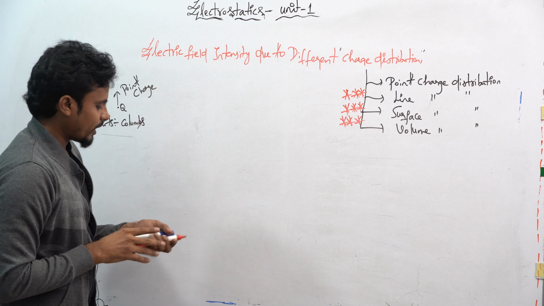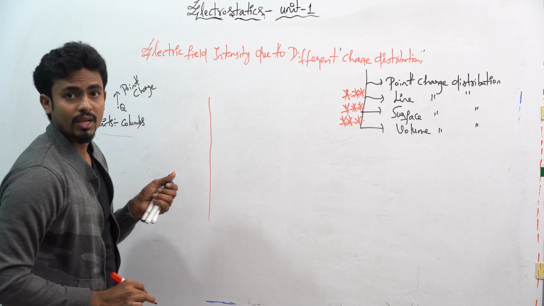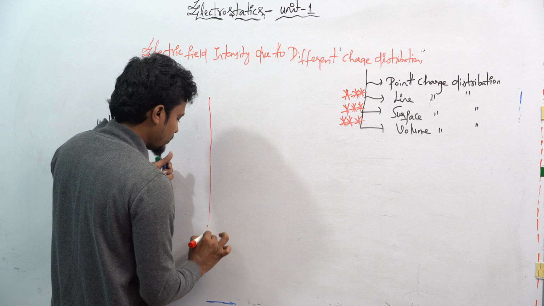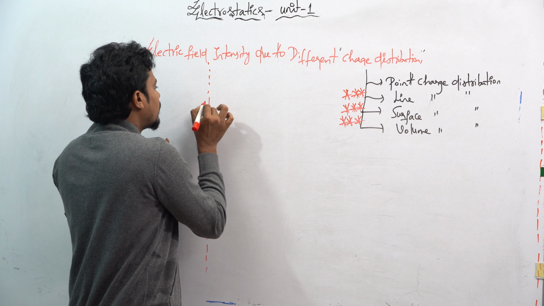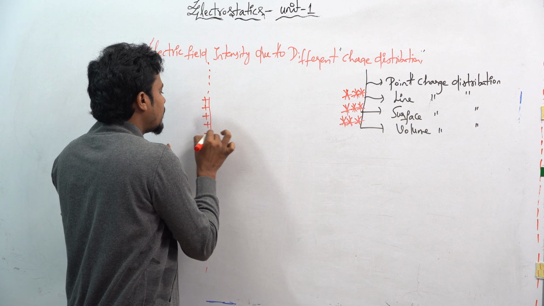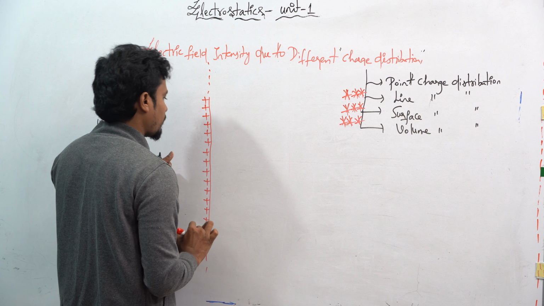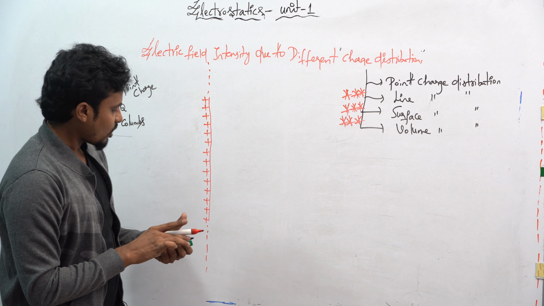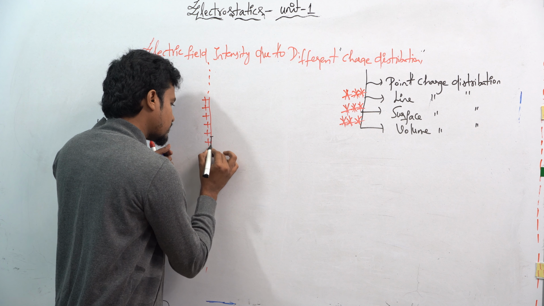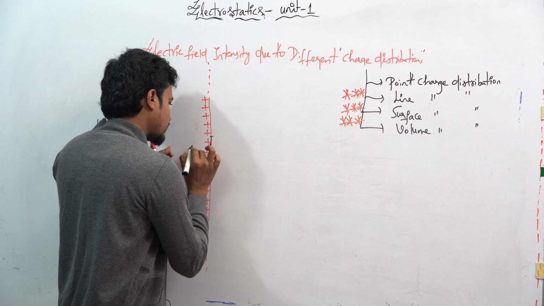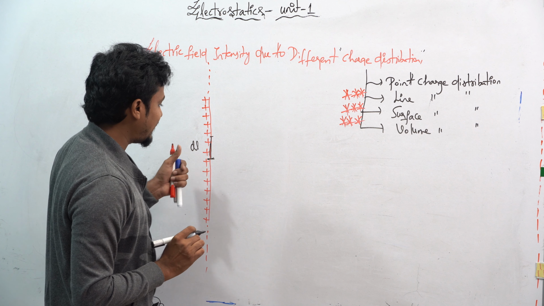Similarly, I take this as my line. It extends up to plus infinity, and here it extends up to minus infinity. I place my charge distribution here. I take a small charge element, dl.